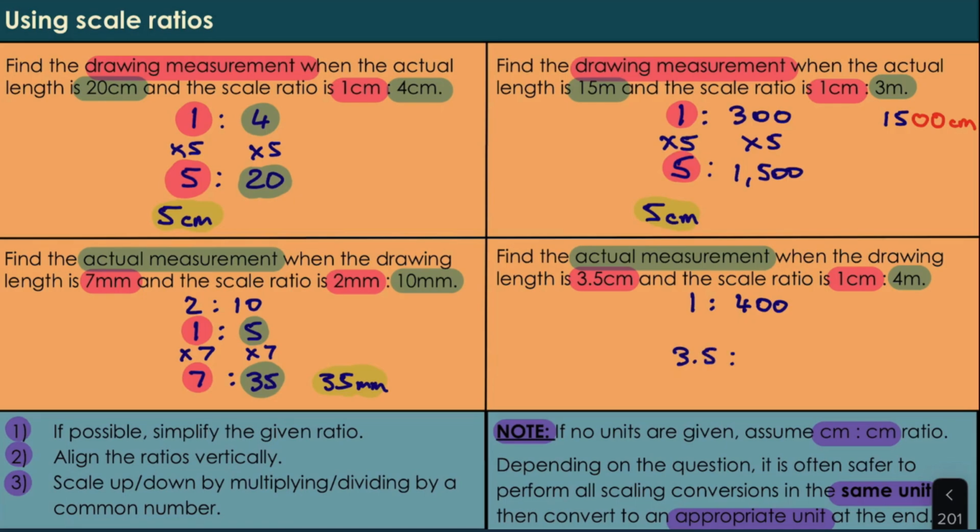Step 3, we have scaled up by 3.5, so we must multiply the 400 by 3.5, 1,400. Now that is 1,400 centimeters. Let's convert that back into meters, so we divide by 100, and when we divide by 100 we take away 2 zeros and we get 14 meters.